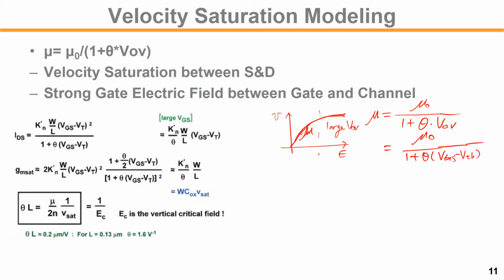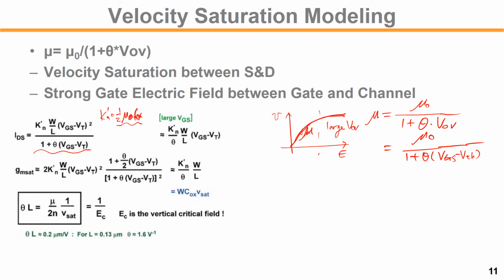This equation can be plugged into the conventional square law device model, as shown here. Here Kn prime is half mu n COX, so mu 0 COX.